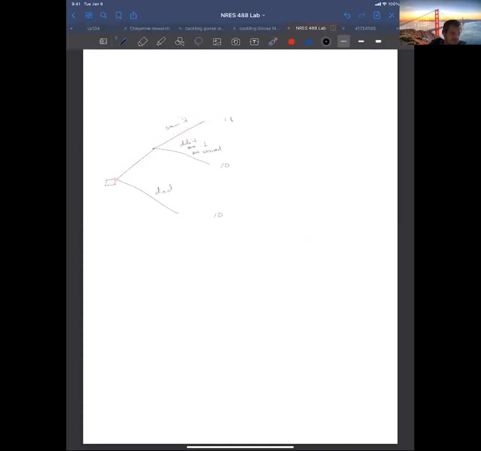First, it has to survive, and it survives with probability phi. In addition to it surviving, we have to see it, and we see it with probability p. Whatever phi and p are, that's going to describe how many times we get data that look like this. So if phi equals 1 and p equals 1, meaning they all survive and we see them perfectly if they survive, all of our data are going to look like this.